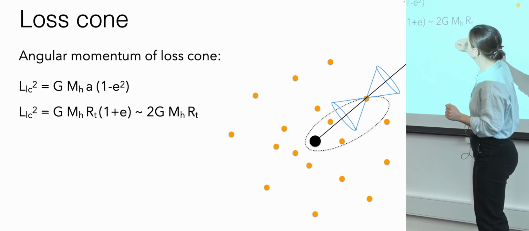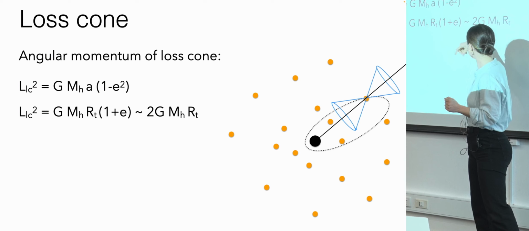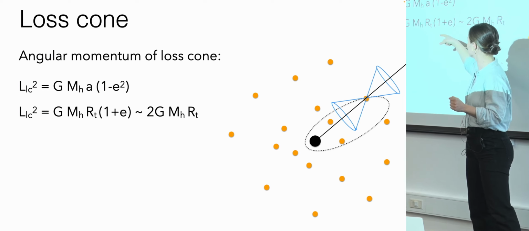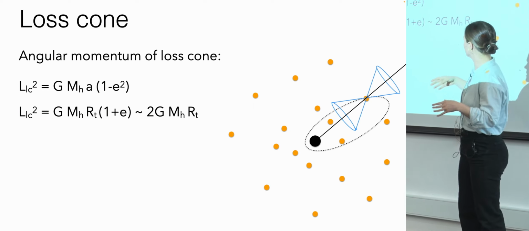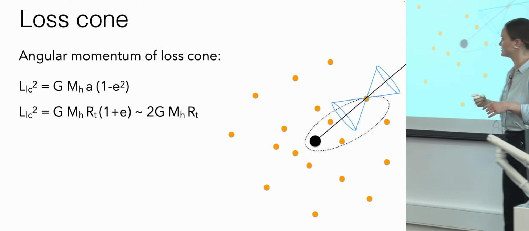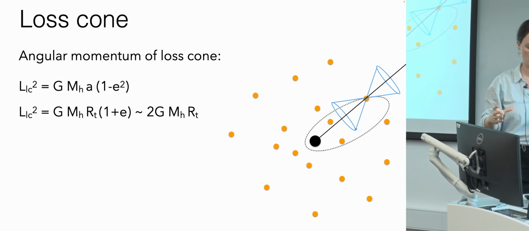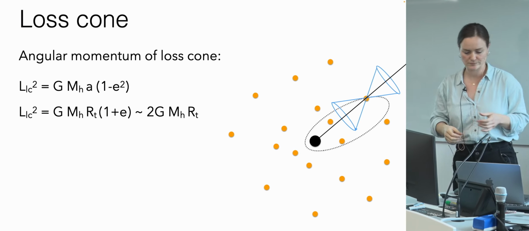And then if we sub in the tidal radius as our pericenter, we can very quickly find that the angular momentum needed for a star to be disrupted is about 2 G M_H R_T, which is essentially the same as a circular orbit near the tidal radius. It's another way to think of it.